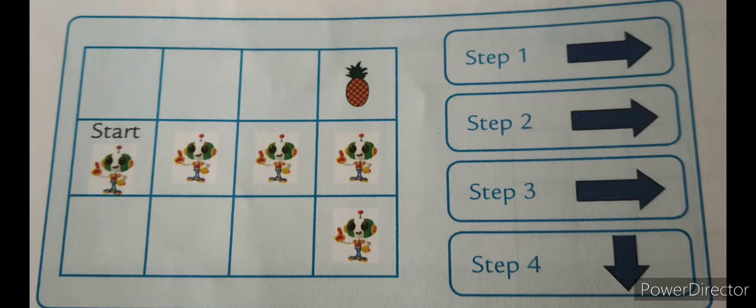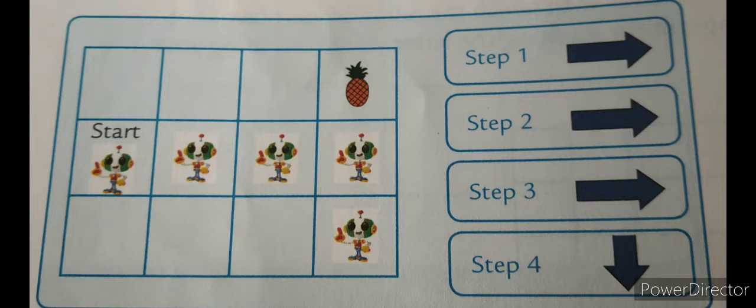But pineapple is kept at the topmost corner to the right side. So instead of going down, we have to go up. The last step is wrong. That's why we can say there is a bug in this set of instructions.